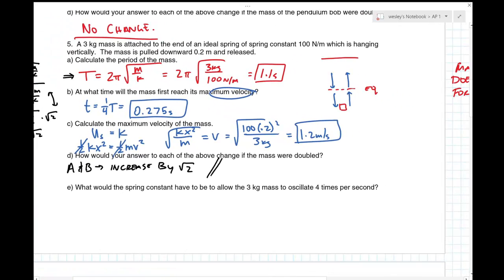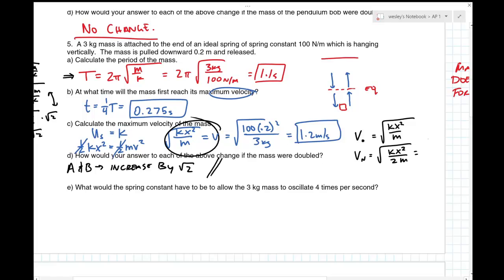Now, part C, we see that the velocity is the square root of kx squared over m. That velocity is going to go down. My initial velocity is the square root of kx squared over m. My new velocity is the square root of kx squared over 2m.